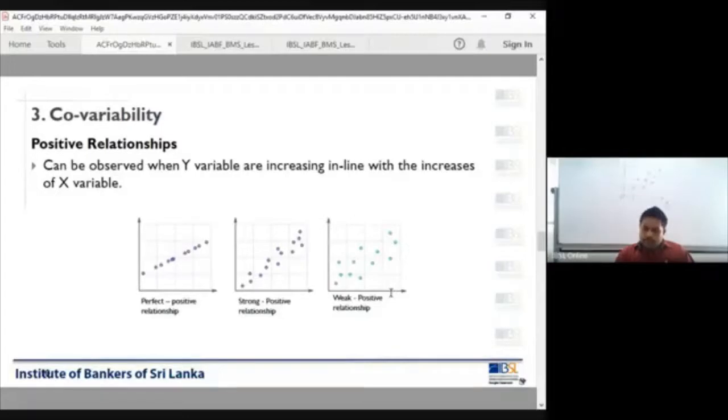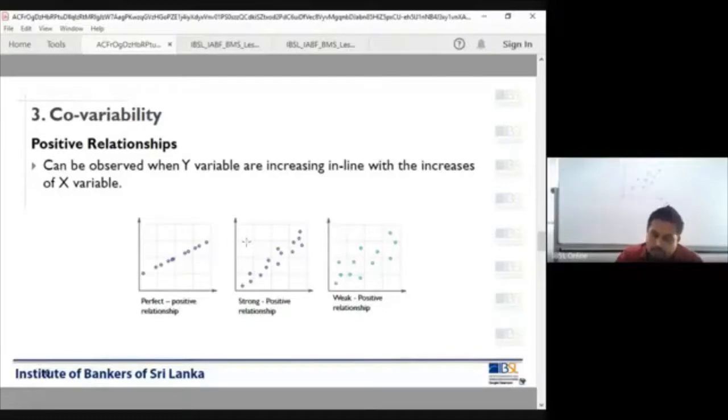However, if you further look into the positions of the scatter points which are here, you may recognize that this instance has a perfect positive relationship. That means from single point to the next point, if you put up a ruler and try to draw a line, almost all these scatter points will be crossed or intersected by the ruler.